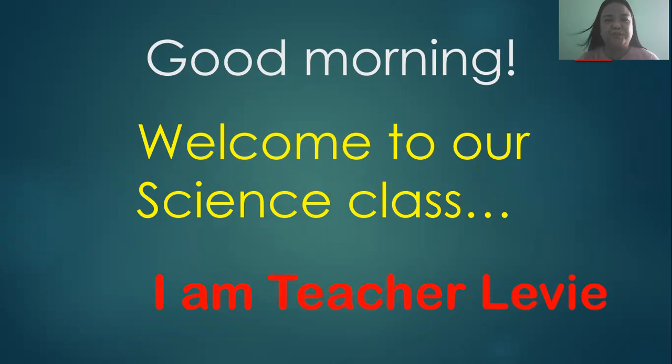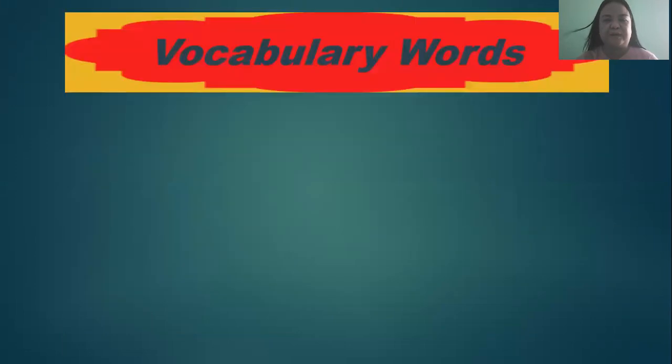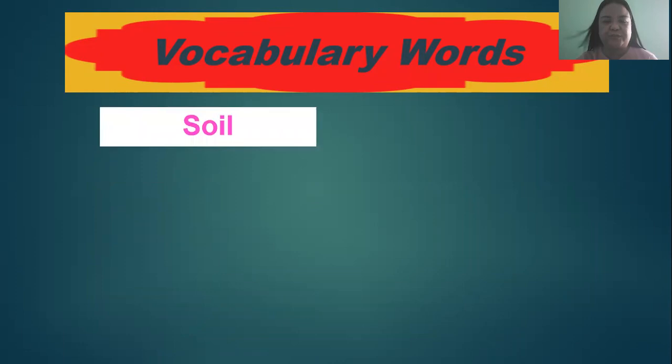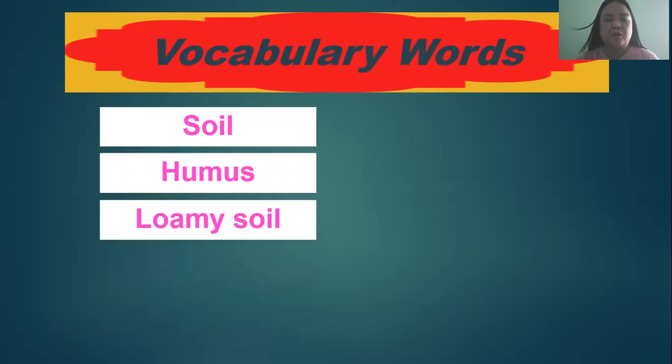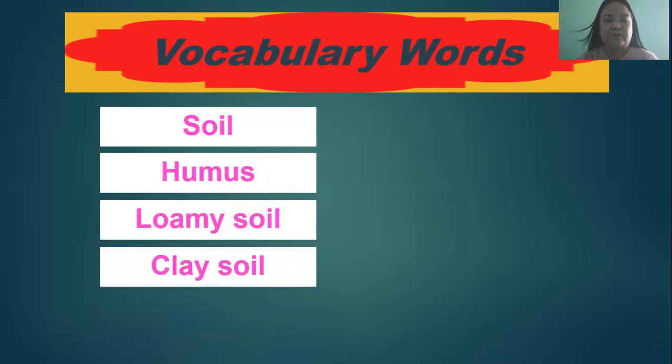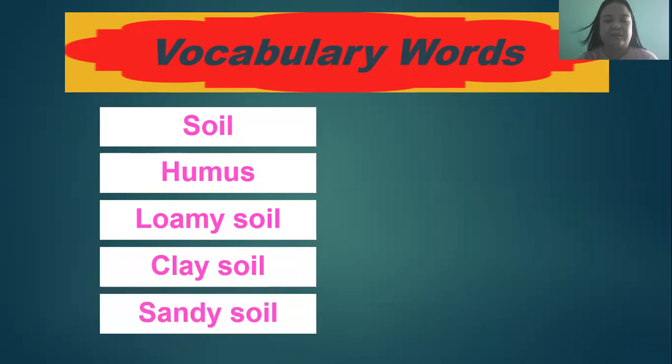Today, we're going to continue our lesson about soil. But first, let's do our vocabulary. Here are the set of words that you will learn today. First word, soil. Humus. Loamy soil. Clay soil.